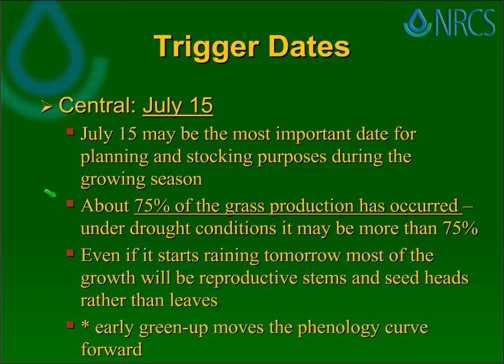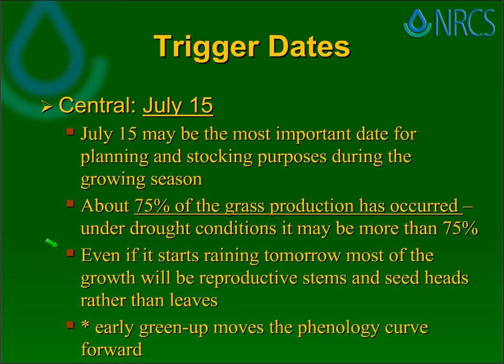The point of it is this third bullet, and I've seen this happen more than once, even if it starts raining tomorrow, we will not get a catch-up growth in forage. Those plants, they'll grow, but they can't catch up in forage production.